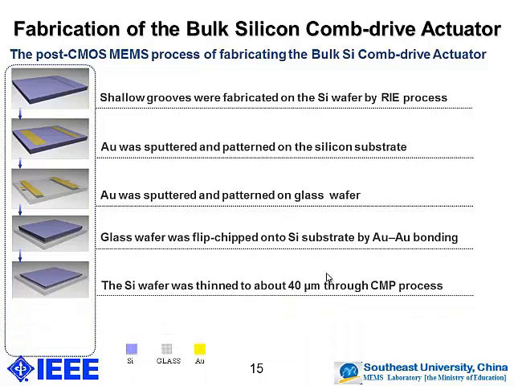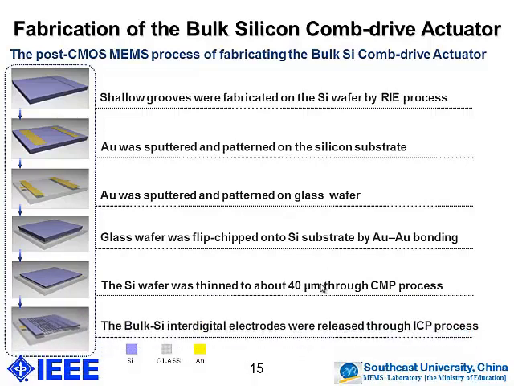Then the silicon was thinned to about 40 micrometers through CMP process. CMP process is short for chemical mechanical polishing. At last, the Bulk Silicon integrated electrode was released by ICP process. ICP process is deep RIE process.